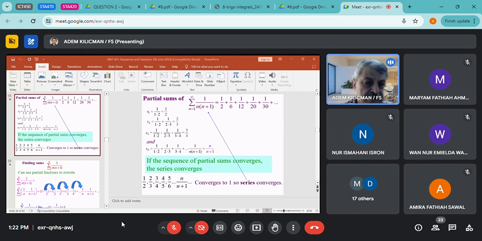Here you can see the first term is 2 over 3. The second one is 2 times 2 over 3, which is 4 over 3. So in other words, you will be able to write in this form: first term is 2 over 3, times 2 to the power n minus 1.